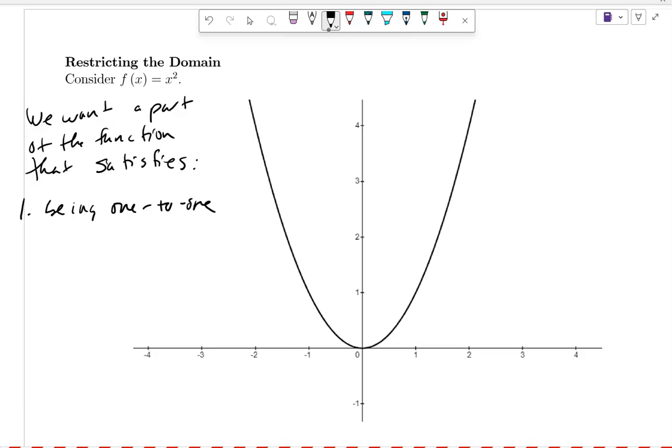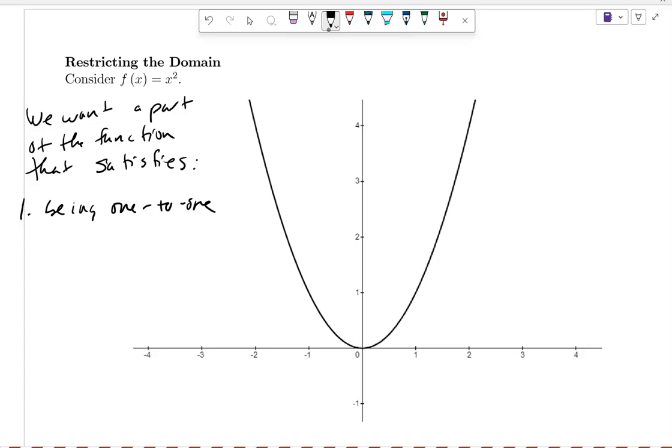We cannot talk about an inverse being a function without the function being 1-to-1. Okay? So we already know that this is bad. Okay? So I want to cut this thing up. I want a piece of this function that's one-to-one.